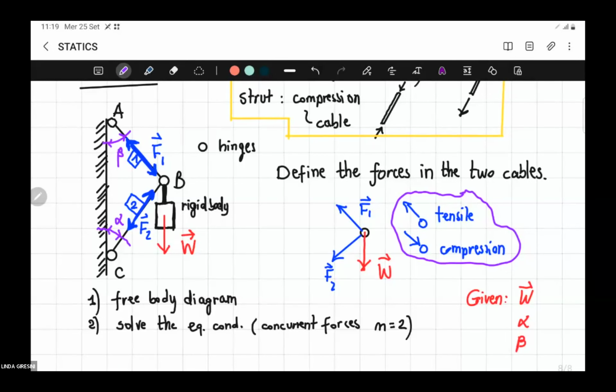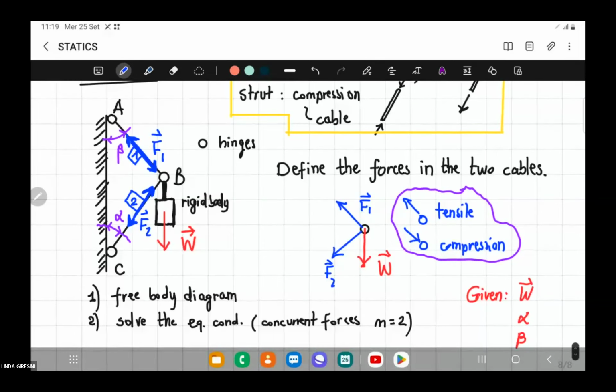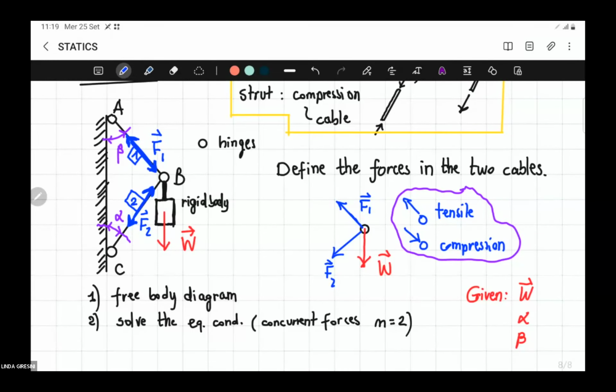So if the choice is this one, so F1 is directed so that the cable is in tension, and F2 again, also is directed in this direction, you write down the equilibrium conditions as we did, so considering plus and minus signs, and you see.